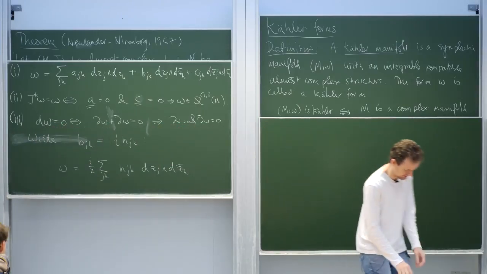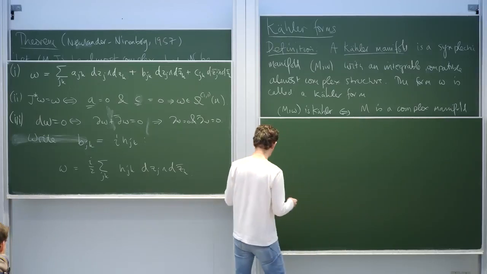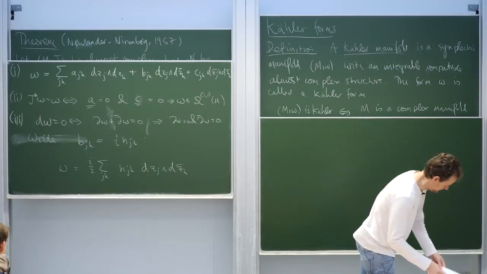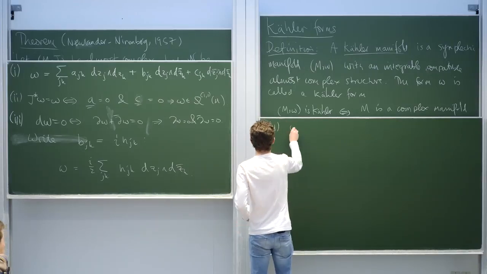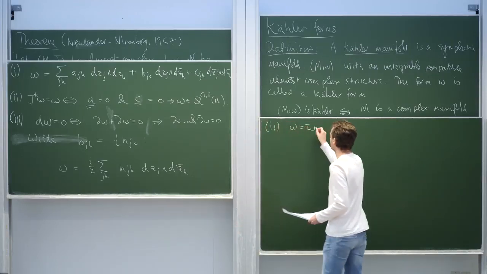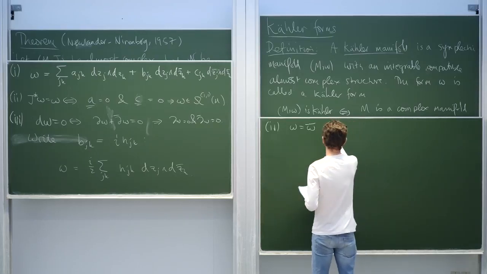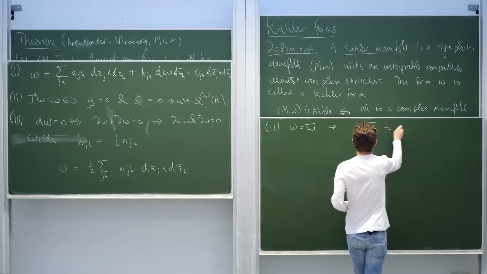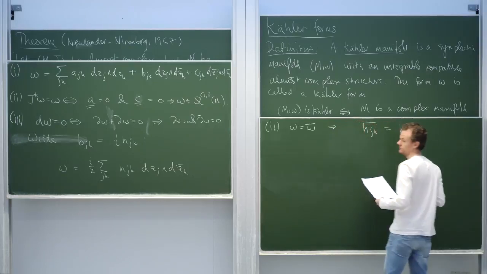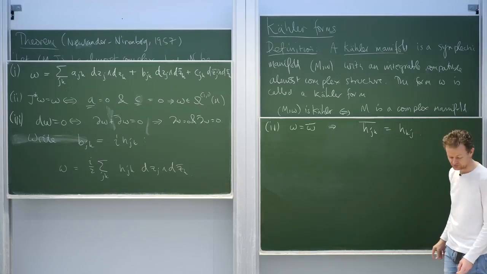Okay, one or two more properties and then we've got everything we need together. Fourth property we can use: we know that omega equals omega bar. So that implies that h_jk bar equals h_kj. So h_jk are the elements of a Hermitian matrix.